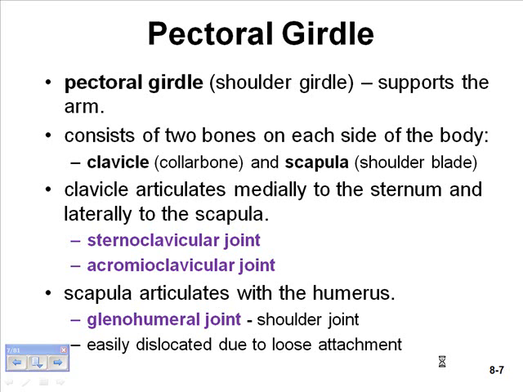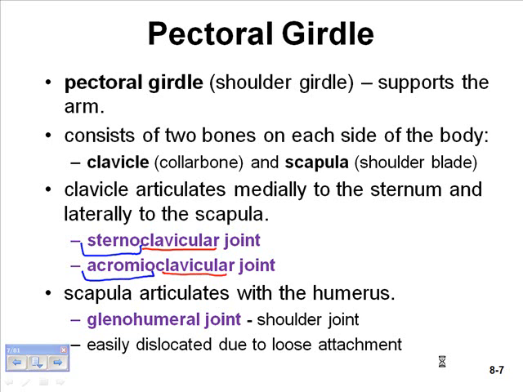And if you notice how the joints are named, it refers to the two bones and where they actually meet. So notice the sternoclavicular joint, you have where the clavicle then meets with the sternum. The acromioclavicular joint is where you have the acromion process on the scapula that meets with the clavicle.